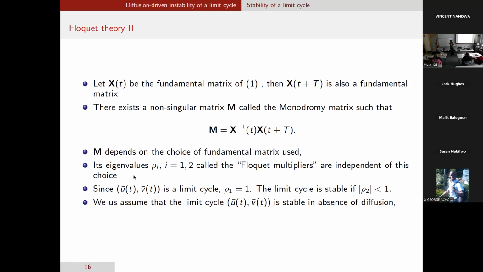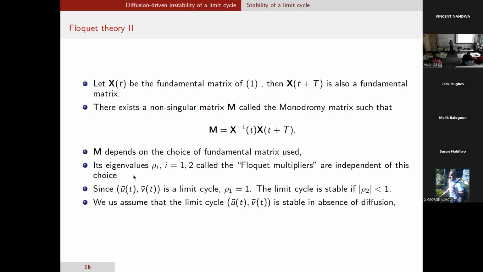In the monodromy matrix, the little t is usually taken as zero. It's just the initial time of the solutions. Wherever you start from, as long as you measure x at time t and then x at time t plus T, which for simplicity we take as t equal to 0.